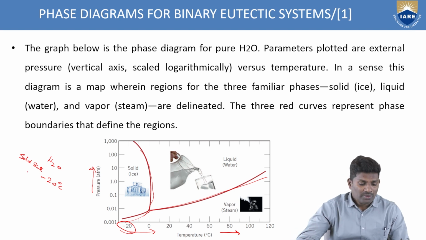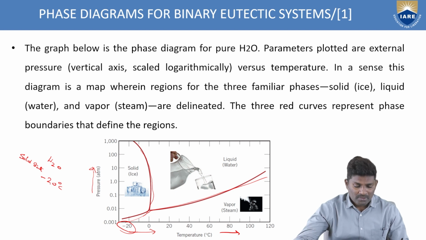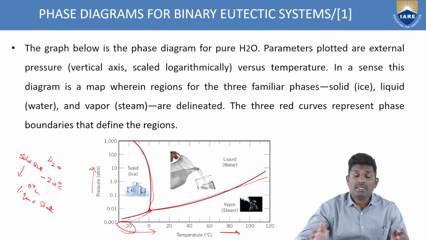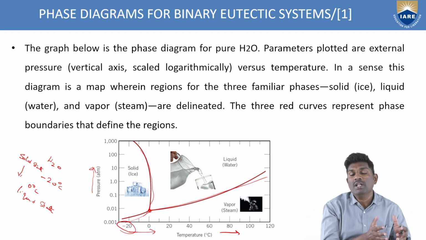If you increase the temperature from minus 20 to about 0 degrees centigrade, the solid form of pure water slowly converts into a liquid phase at this point of 0 degrees centigrade. So this solid state is converting into a liquid state. That is the transformation of one phase to another phase.